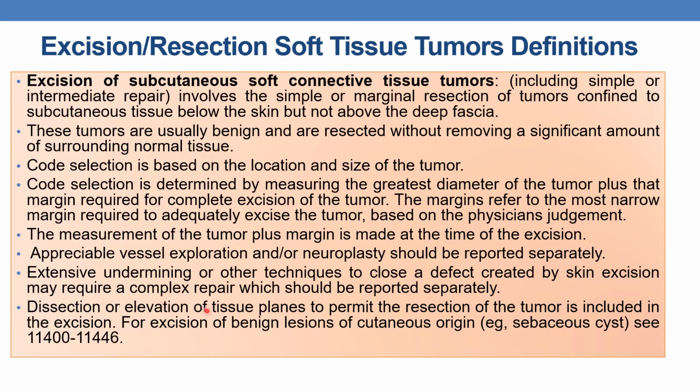Whenever extensive undermining or other techniques are performed to close a defect created by skin excision, this may require complex repair, which must be reported separately. The dissection or elevation of tissue planes to permit the resection of the tumor is included in the excision itself. For excision of benign lesions of cutaneous origin, you need to refer to codes in the series 11400 to 11446.